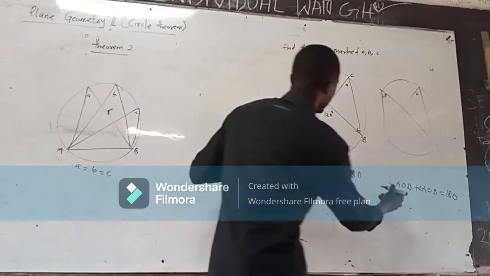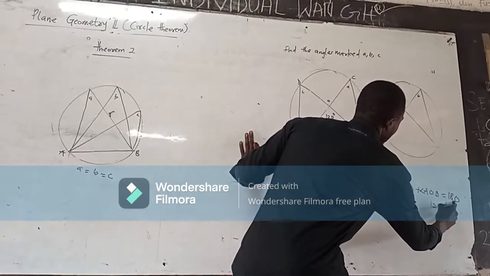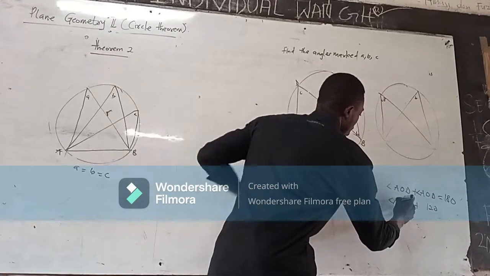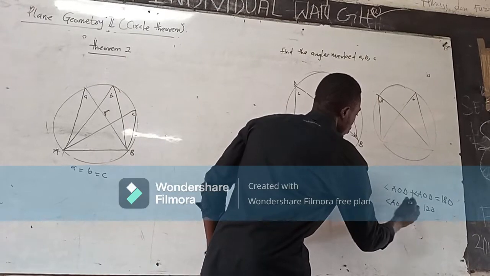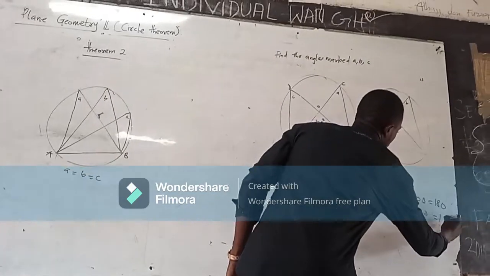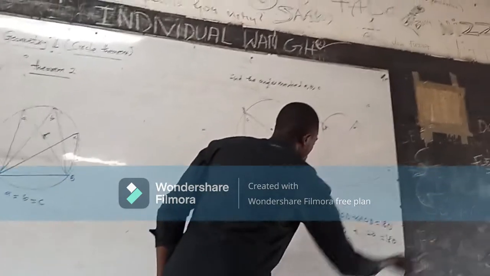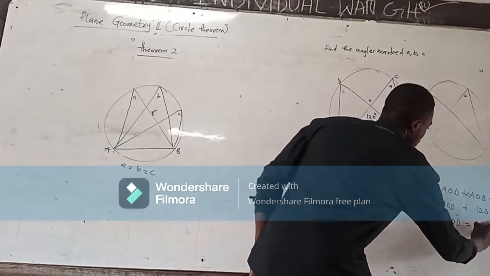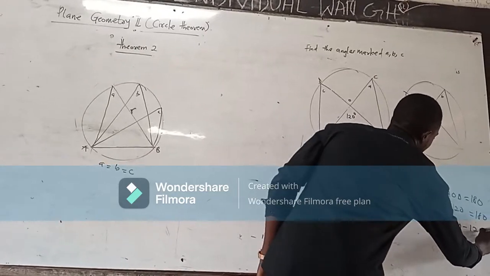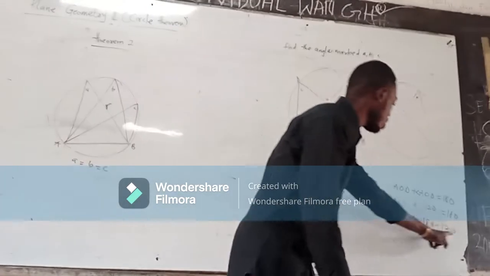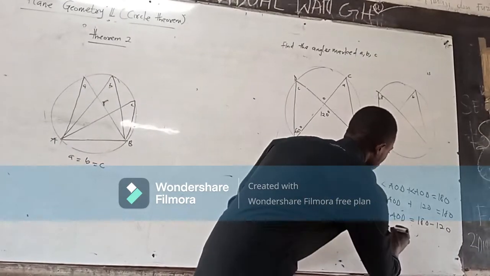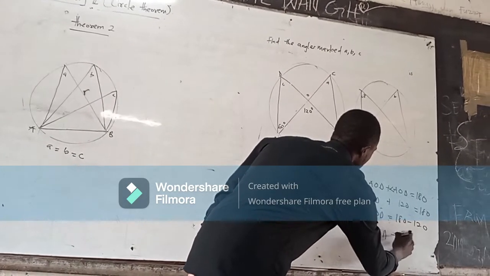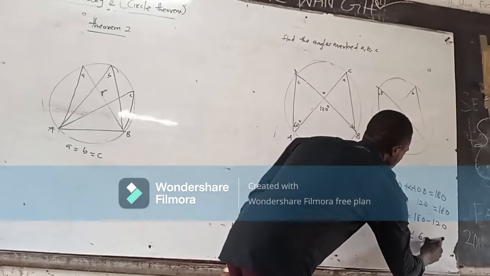So if this one is 120, we have to find this. Angle AOD plus 120 is 180. So angle AOD is equal to 180 minus 120. When you subtract, angle AOD will be equal to what? 60 degrees.